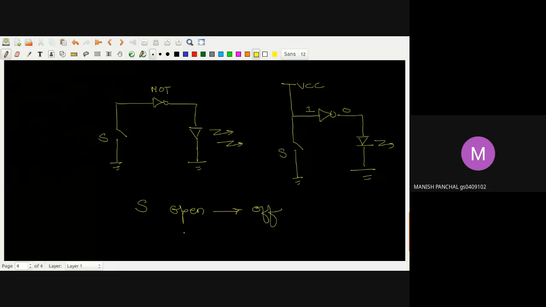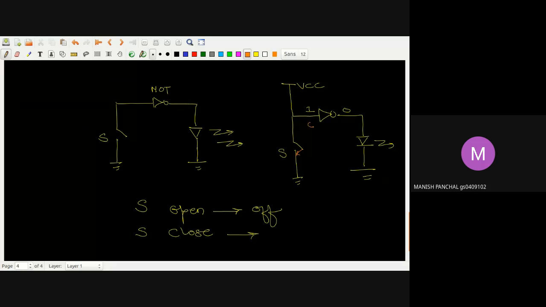Okay. Now when I close the switch, what will happen? When I close the switch, the response will change. The thing will be short circuited, and this VCC will be converted into 0.